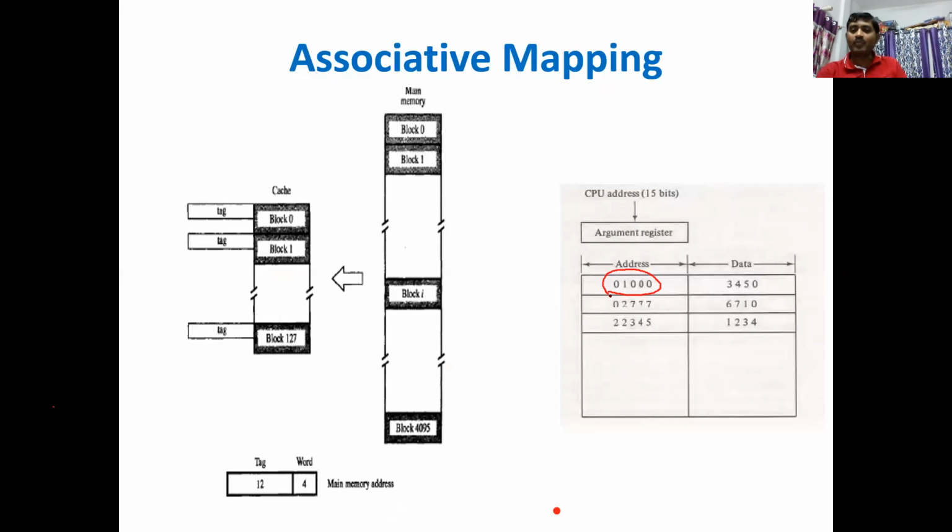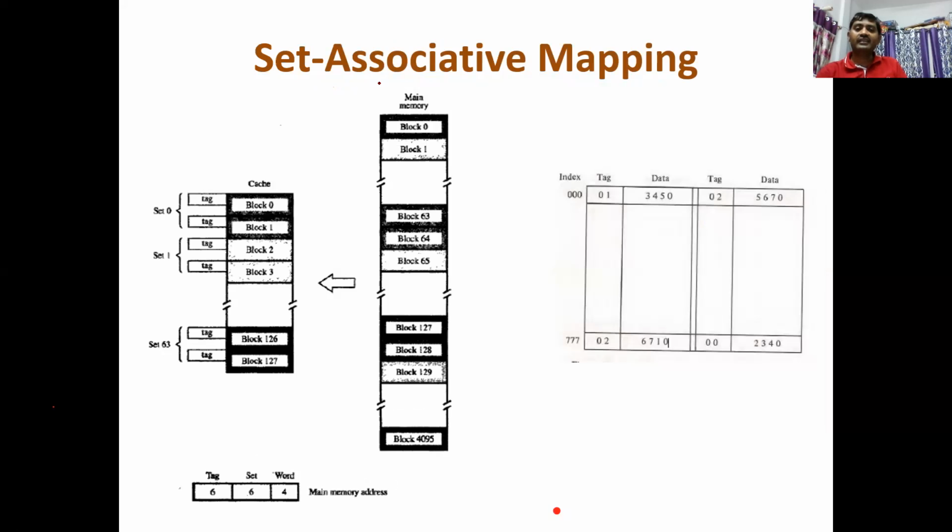Tag as well as index will be stored together and the data will be here, and that particular data will be taken directly into the CPU. If it is not available, then it will be taken from the memory location. This is associative mapping.